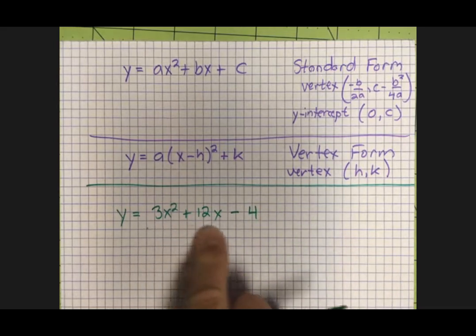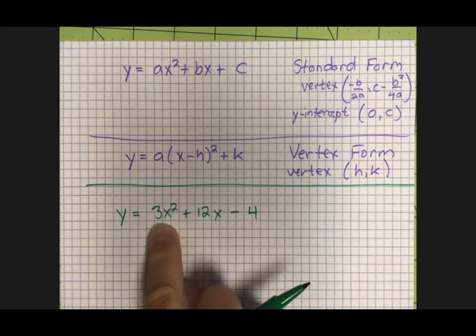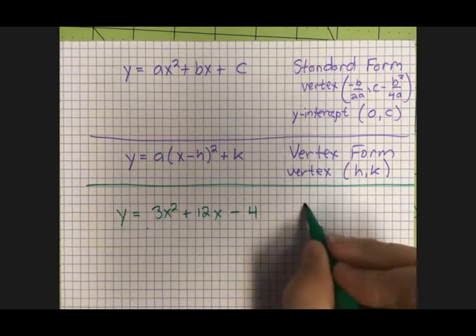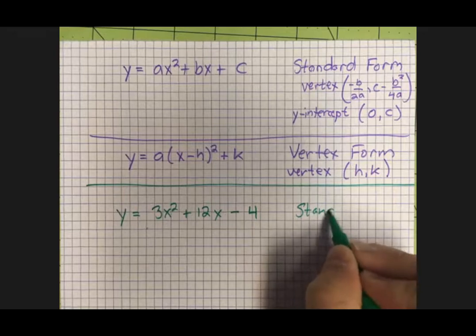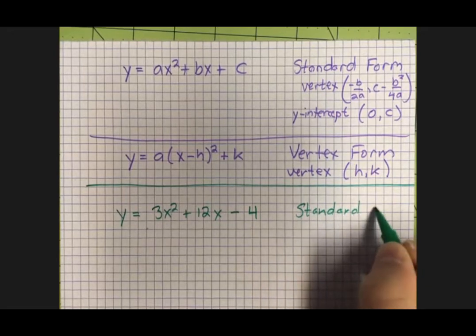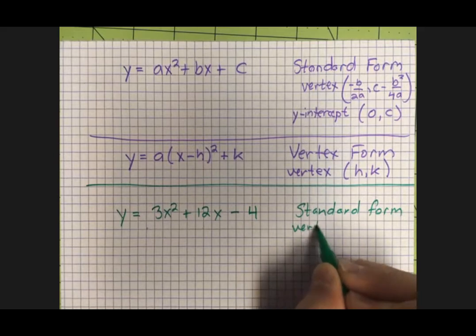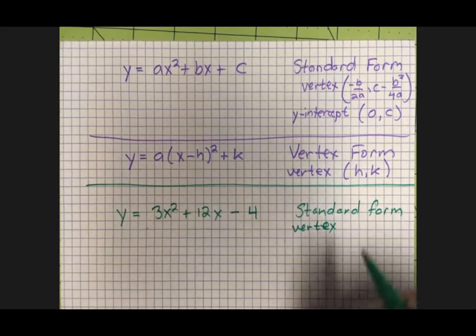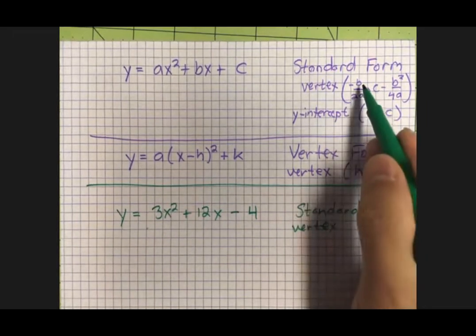Now I'm picking numbers that look kind of suggestive, but these are not going to be super kind numbers. But this is standard form. And I know how to find the vertex. What I also want to do is complete the square to show you what it looks like in this form. But before I do that, let's do the vertex.